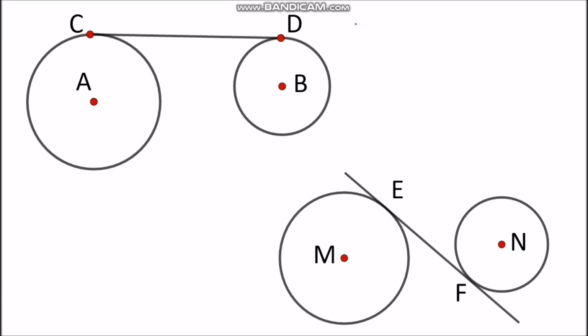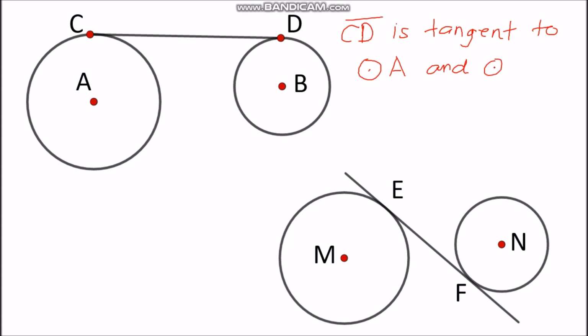So we can say that segment CD is tangent to circle A and circle B. As you can see, both circles share the same tangent. That's why it's called a common tangent.